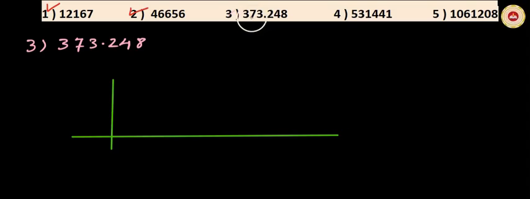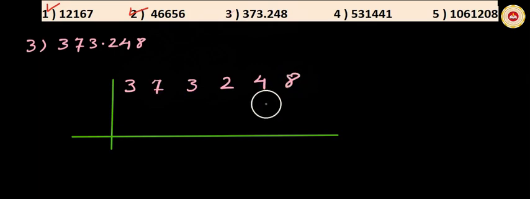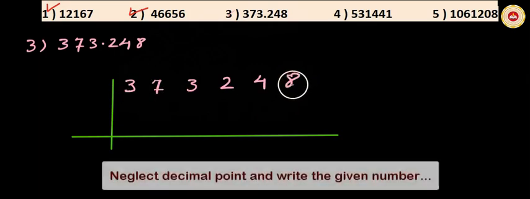Third example is 373.248. Okay, so let us write the number here. While writing the number, neglect decimal point.